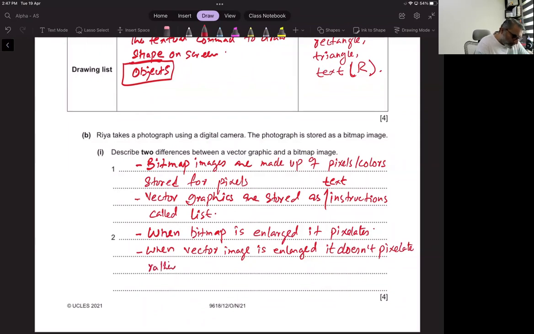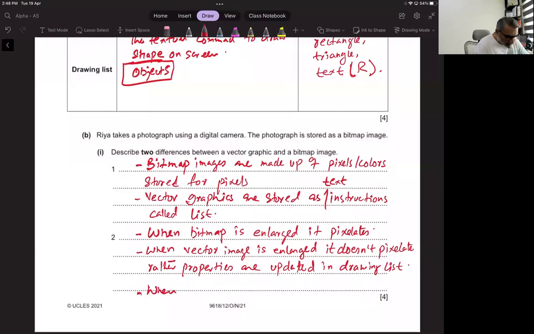Rather, properties are updated in the drawing list. Okay.